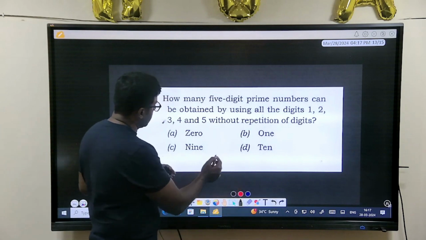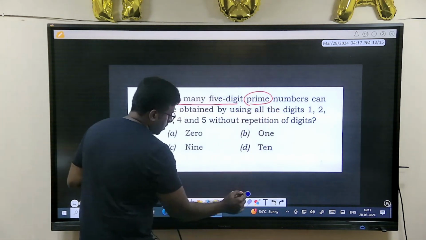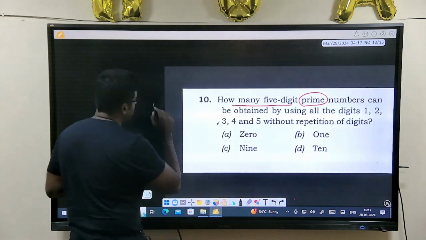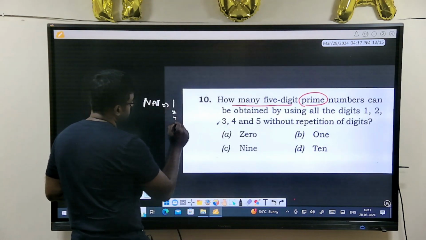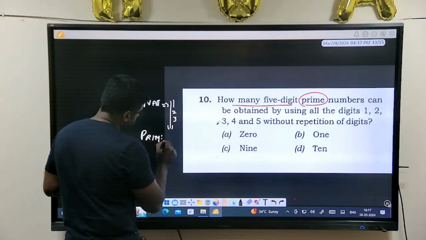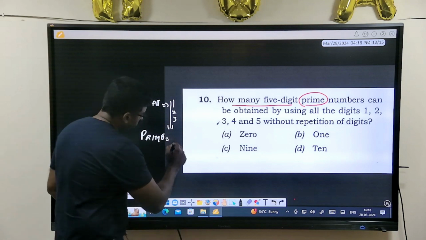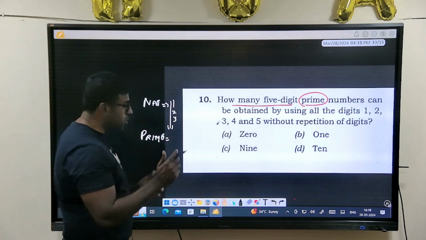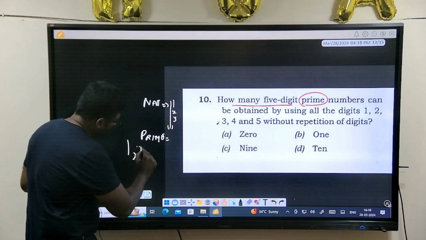Now here, look at it. How many 5-digit prime numbers? For this, as we were talking about natural numbers, like 1, 2, 3, something like that. What are prime numbers? Prime numbers are numbers divisible only by themselves and 1. They can be divided by 1 and themselves.